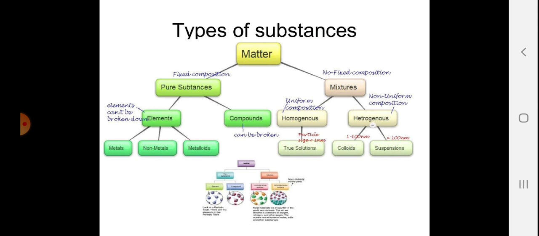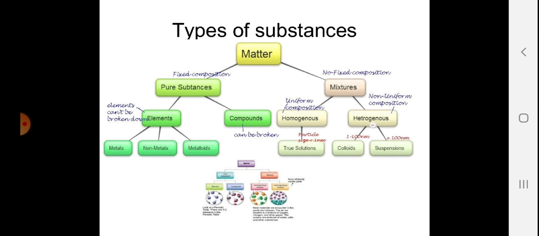The name itself suggests that homogeneous means evenly distributed. They form true solutions. That means they have an equal amount of solute spread in the solvent. Whereas heterogeneous mixtures are colloidal solutions as well as suspension solutions.